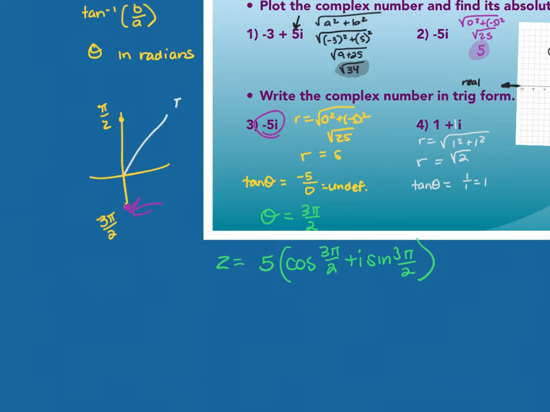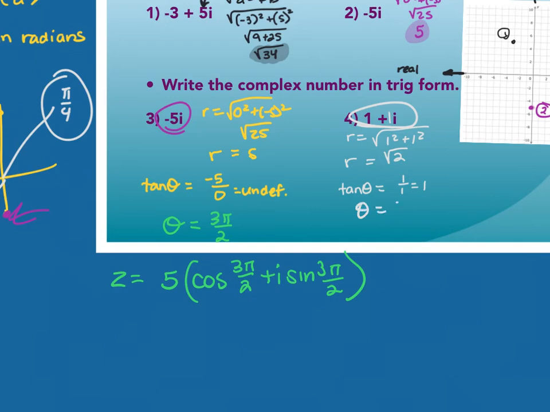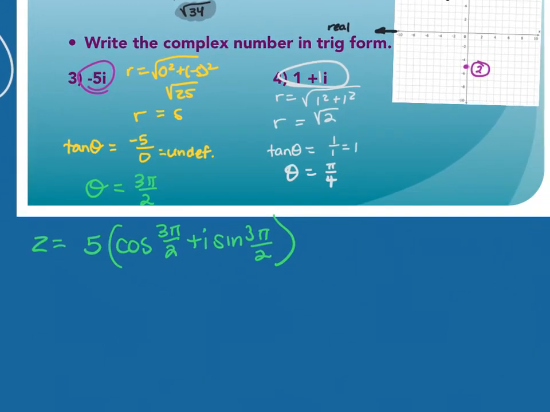Pi over 4? 5 pi over 4. Good, 5 pi over 4. So because this is 1, 1, which one am I going to pick? Pi over 4. So theta is pi over 4. And then I would get the square root of 2 times the cosine of pi over 4 plus i times the sine of pi over 4.